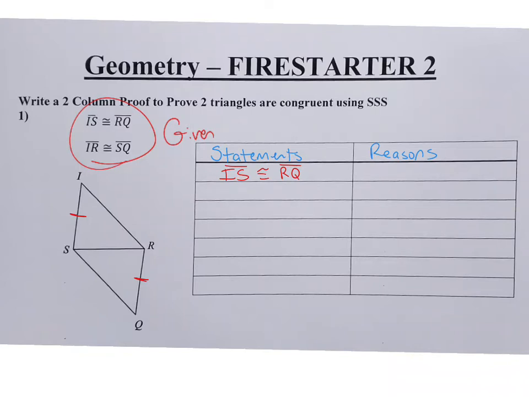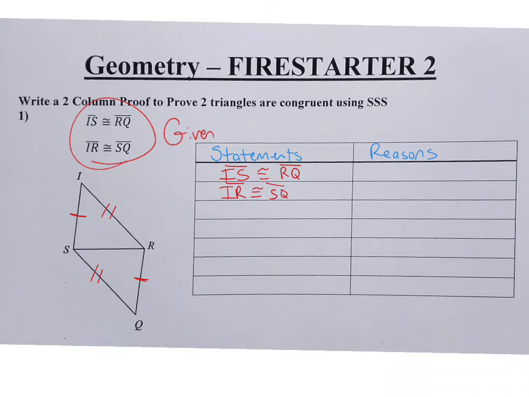Now, we see another given, IR is congruent to segment SQ. So that's a given, and because of that, I get to put that here. I had to create the figure if it wasn't there.